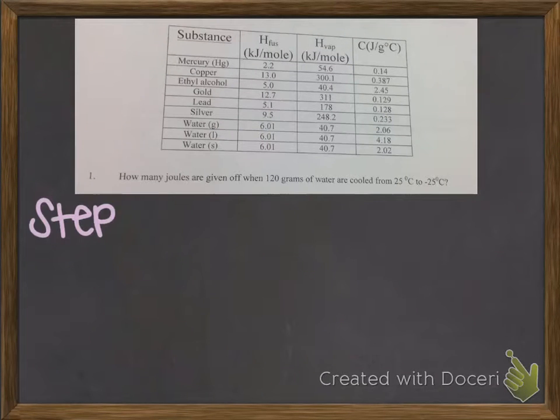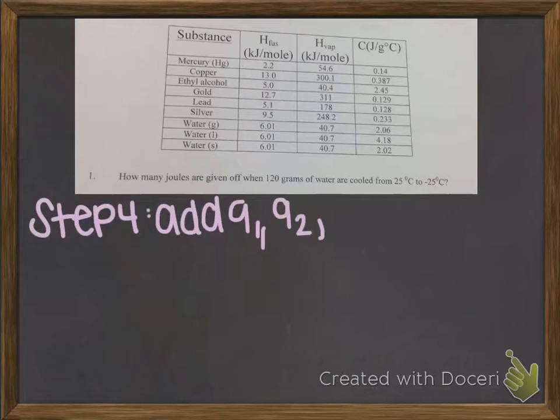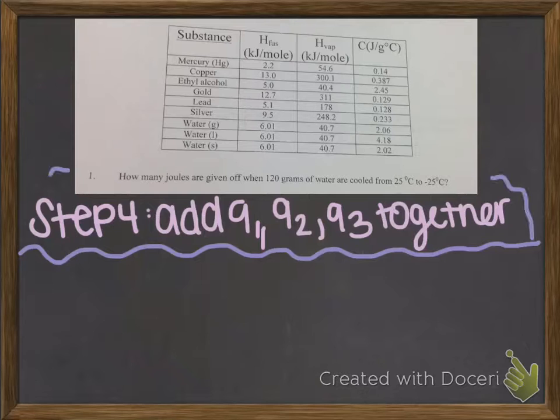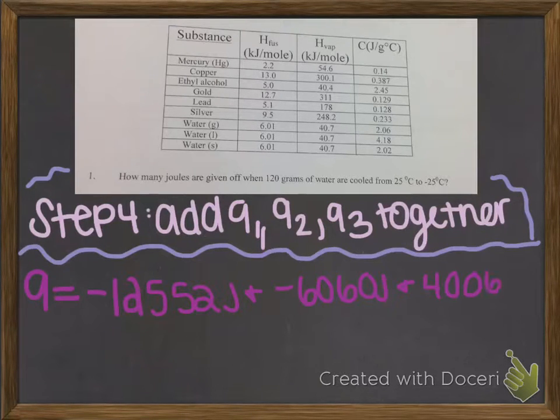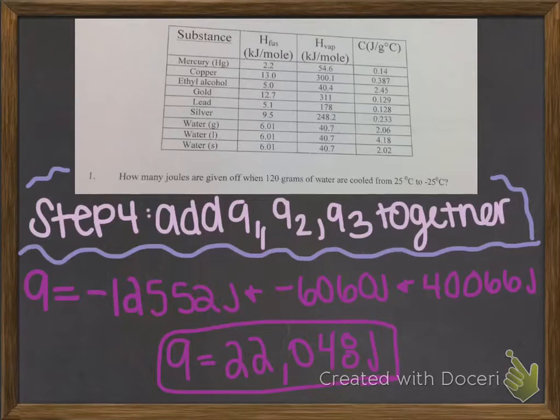Then we go ahead and do the final step, which is adding all 3 Q's together. I just added them all up, and as you can see, I did convert the last one into joules. As my final answer, I got 22,048 joules given off.